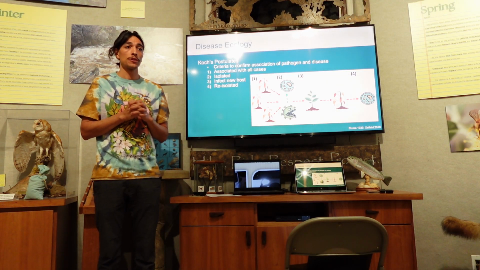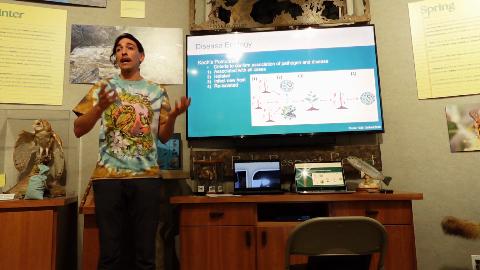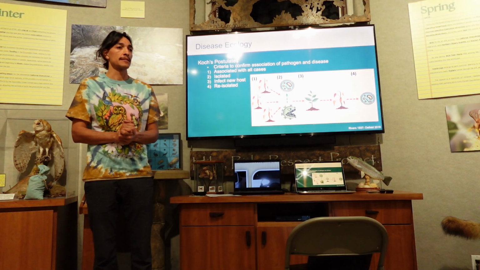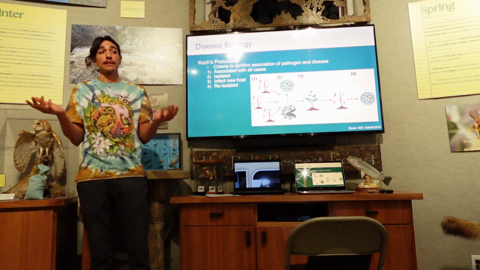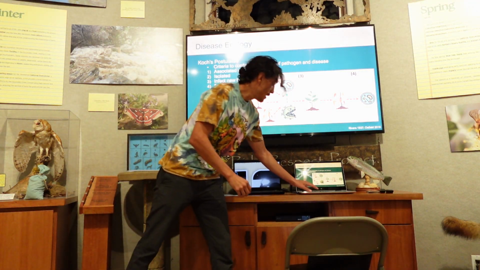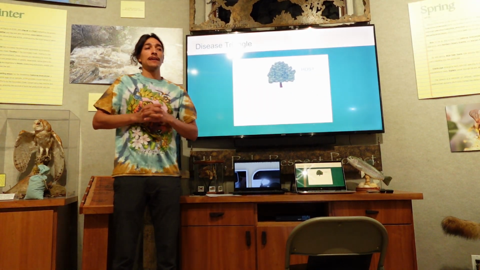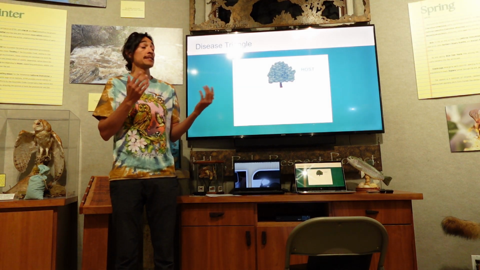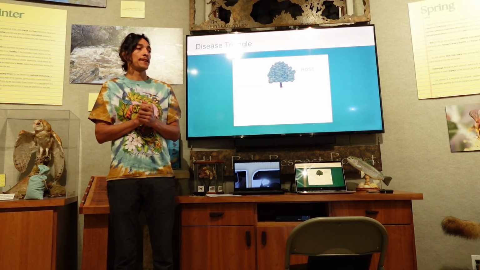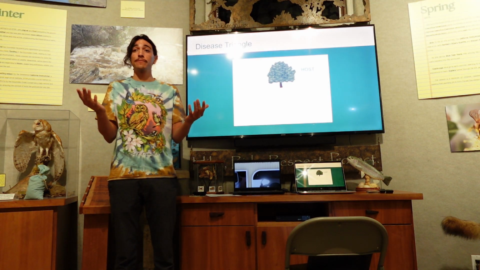However, we have since learned that satisfying all of these postulates is not always possible, as certain diseases are associated with either a group of pathogens or certain pathogens can't be isolated like viruses. And we have since built upon this concept with the disease triangle. So just to start off here, we will imagine our host being a tree.